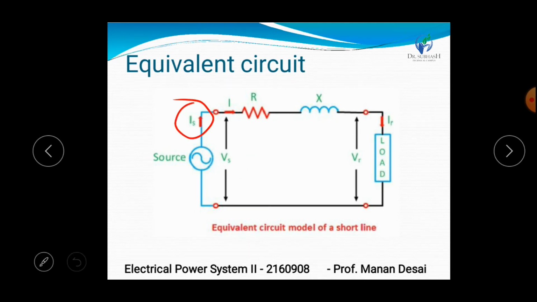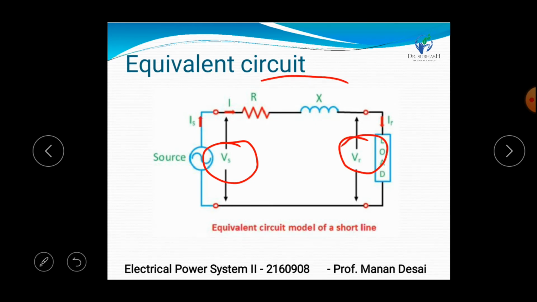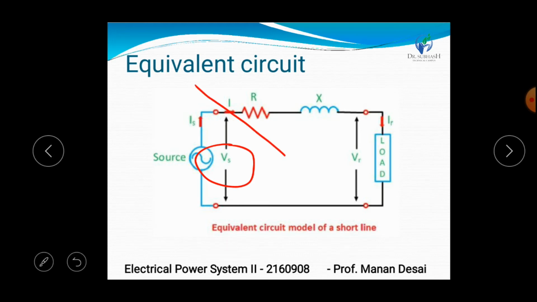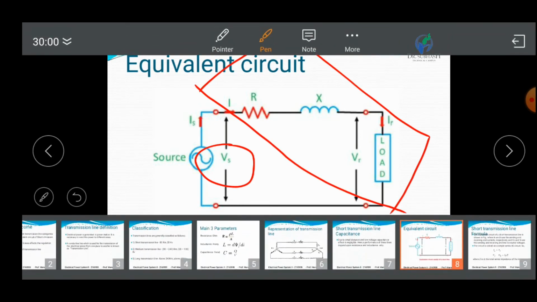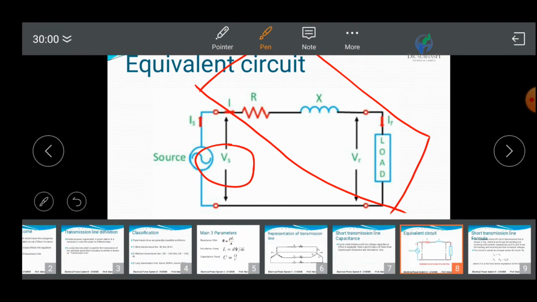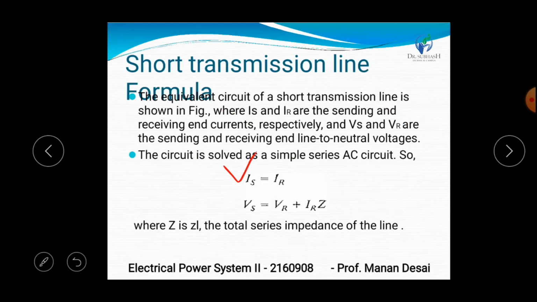Is is equal to IR, and Vs is equal to VR plus IR Z. Okay.